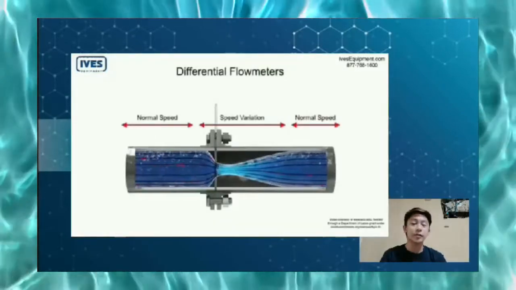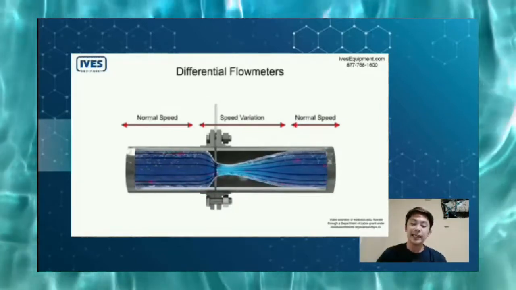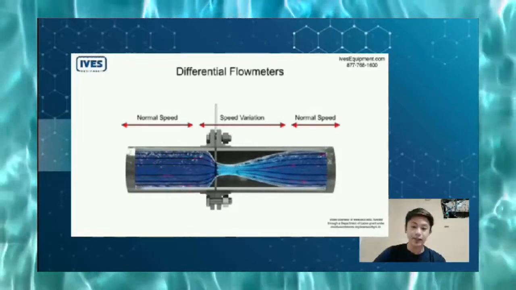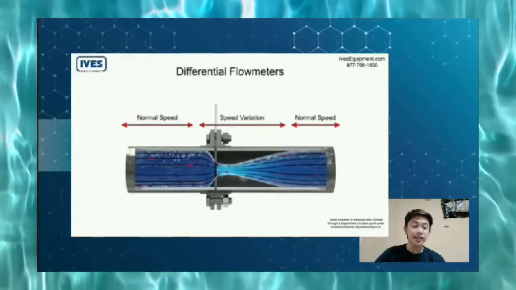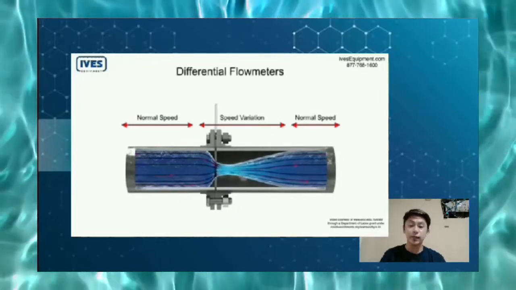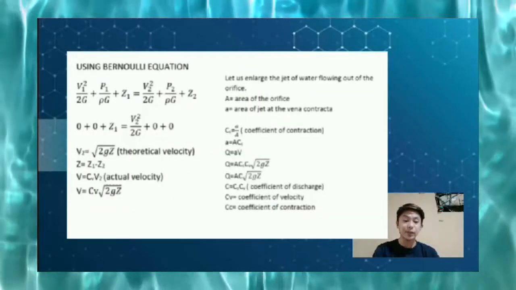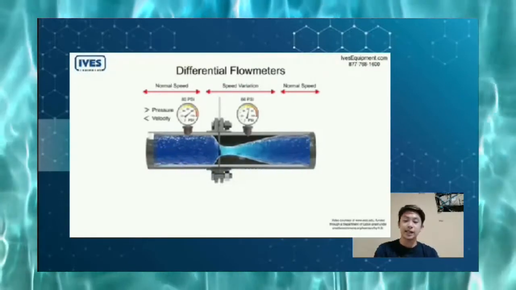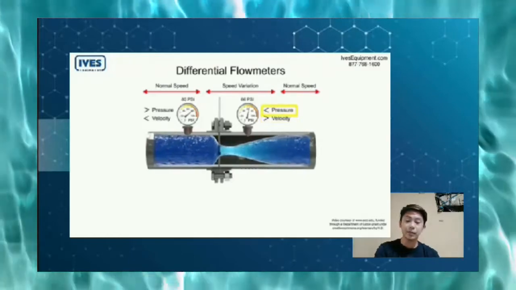According to the laws of conservation of energy, the mass entering the pipe must equal the mass leaving the pipe during the same period of time. The velocity of the fluid leaving the orifice is greater than the velocity of the fluid entering the orifice. So when applying Bernoulli's principle, the increased fluid velocity results in a decrease in pressure as the fluid flow rate increases through the pipe.